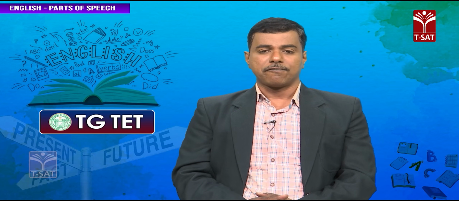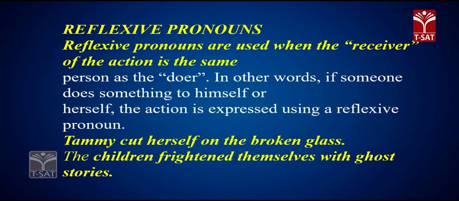The next category which comes under the pronouns category is reflexive pronouns. These pronouns are used when the receiver of the action is the same as the doer. In other words, if someone does something to himself or herself, the action is expressed using a reflexive pronoun.